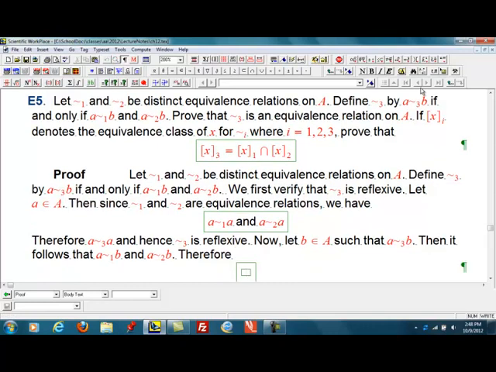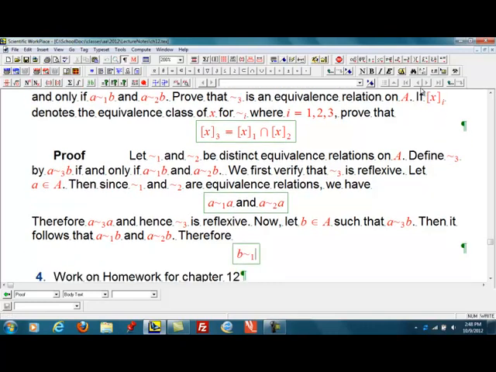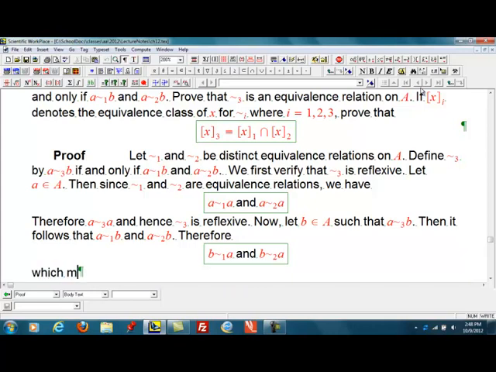We have B is 1 equivalent to A, and B is 2 equivalent to A. Which means that I have B is 3 equivalent to A, and hence our equivalence relation is symmetric.